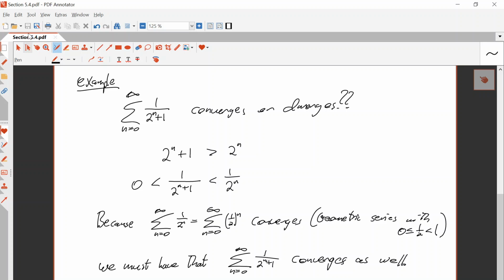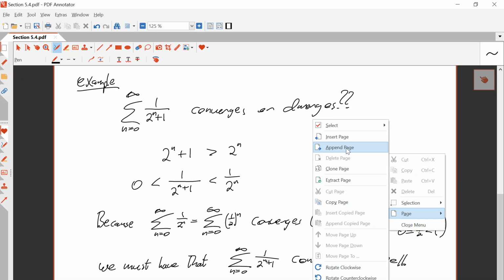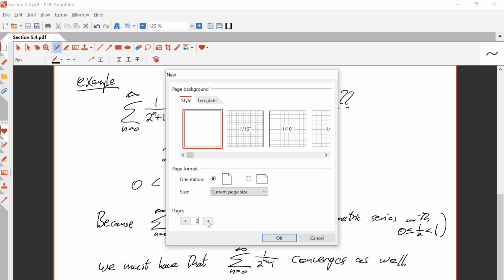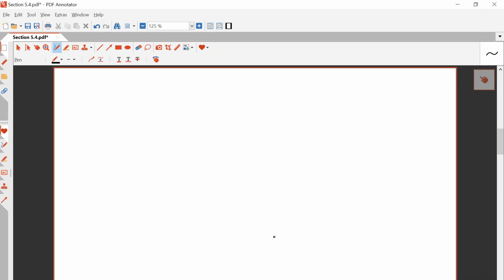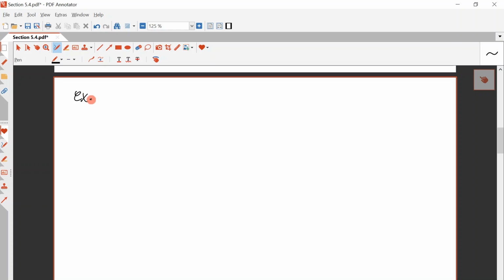Another example, something like this. The sum n equals 1 to infinity of 1 over the natural log of n.